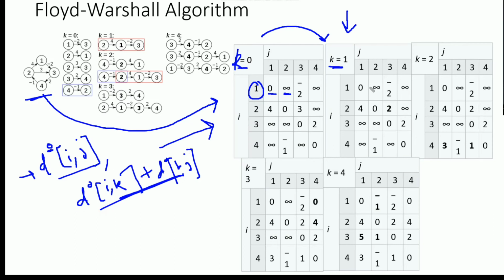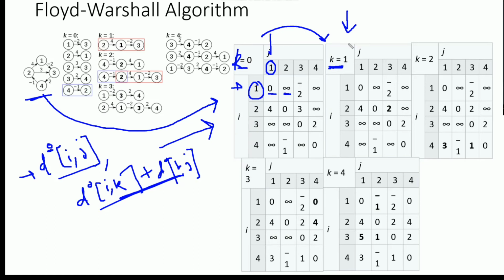If we see in this graph, for intermediate vertex 1, the vertex 1 column and vertex 1 row will be the same, because vertex 1 is acting as an intermediate vertex, and those vertices connecting to vertex 1 directly without any intermediate will have the same value as previously calculated without using any intermediate.